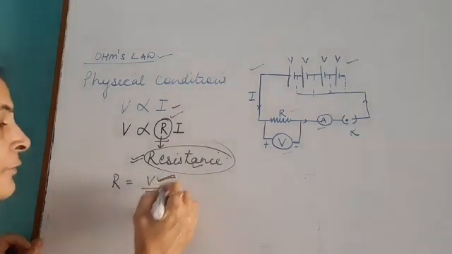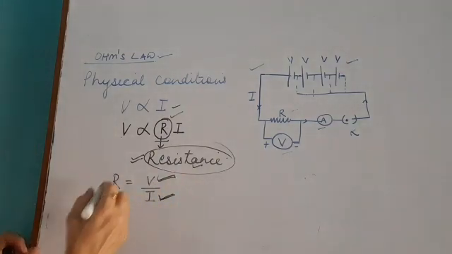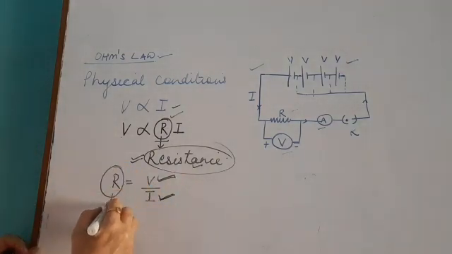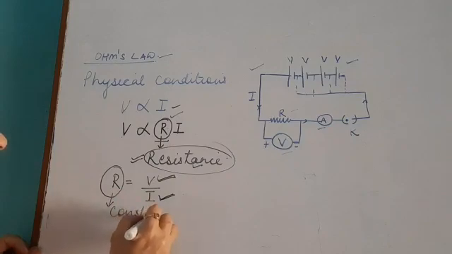Less is the potential difference, less is the current. And R will remain constant.